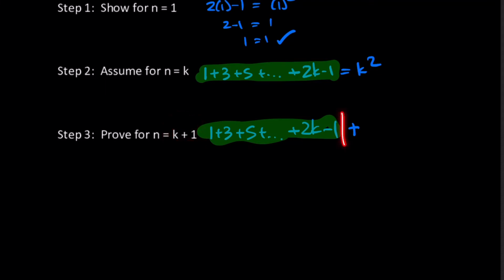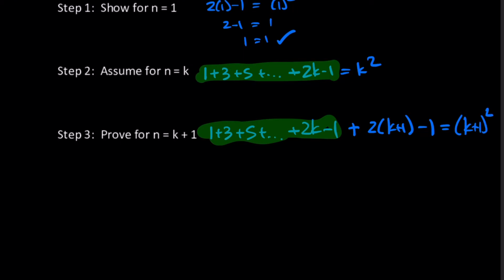So I have to take this rule, and instead of the k, I have to put in a k plus 1. Don't forget to use your parentheses. So what comes next is 2 parentheses k plus 1 minus 1. It's this pattern right here, but instead of this k, you do a k plus 1. Now on this side, you're going to replace the k with a k plus 1. So that's equals k plus 1 squared.